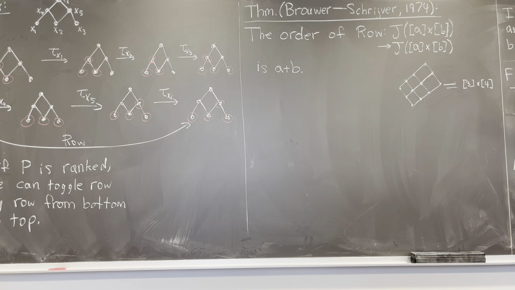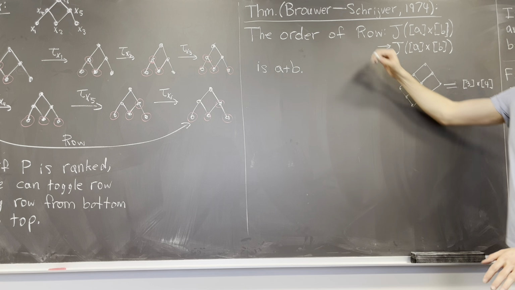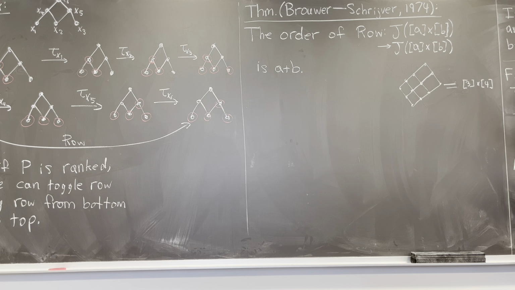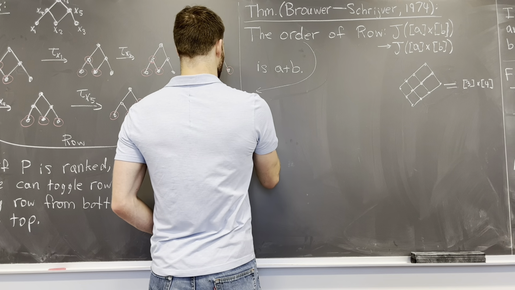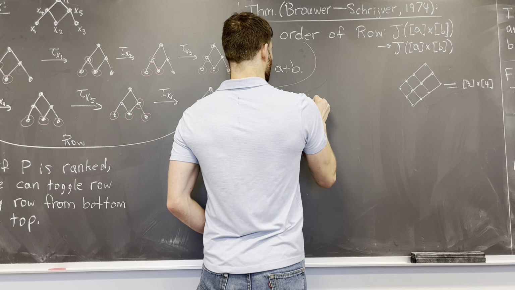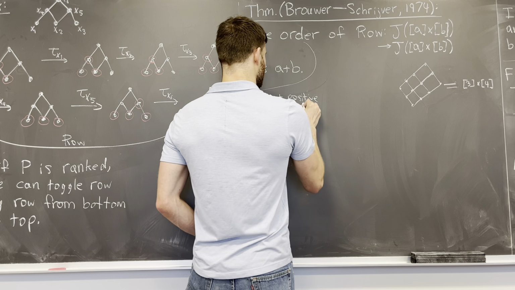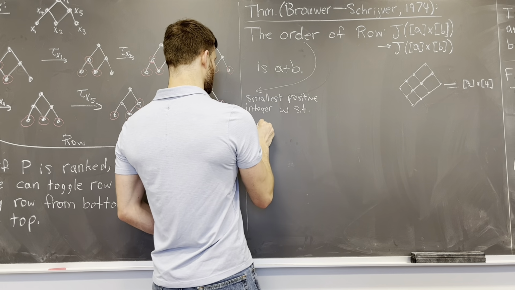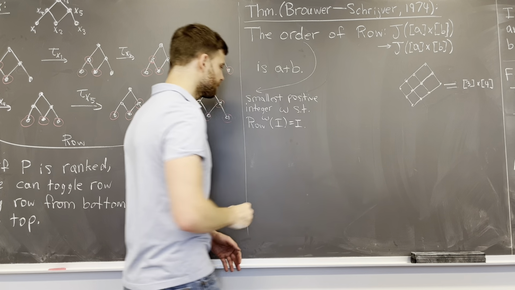Or you could think of it as the smallest positive integer, say omega, such that if I do Rowmotion omega times to any order ideal, I just get that order ideal back.